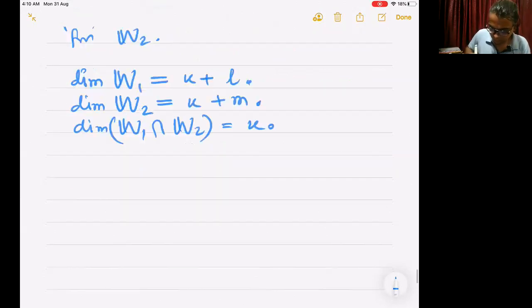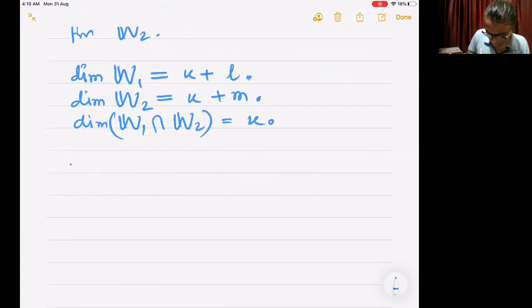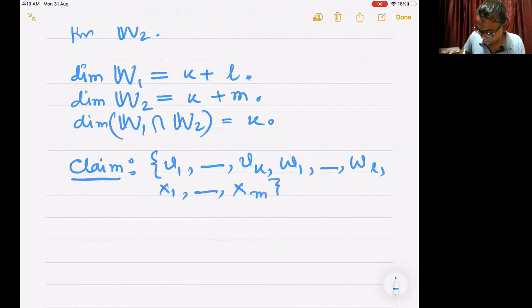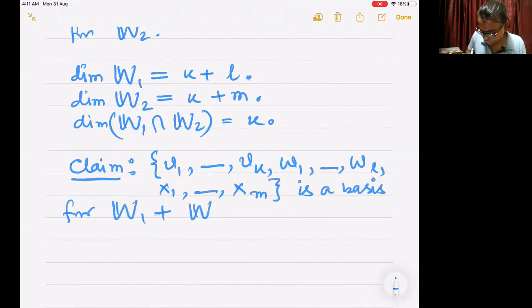What we are going to claim now is this set, V1 dot dot dot up to Vk, W1 dot dot dot up to WL, and x1 dot dot dot up to xm, is a basis for W1 plus W2. This is the claim. Okay.